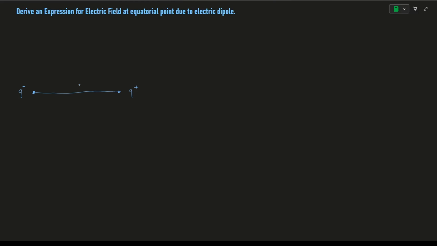So let's suppose this is the point, and at this point we have to find the electric field on the equatorial point. As I told you already, it is a line which divides this electric dipole equally, so this portion and this portion will be the same. Let's suppose from the midpoint of this electric dipole, this distance is a, and this distance is also a. Okay, fine. And here is our point P, and let's suppose there we have kept a positive test charge.